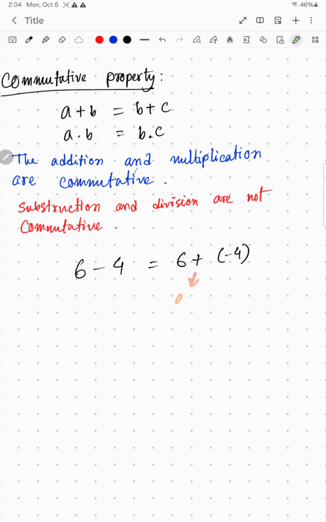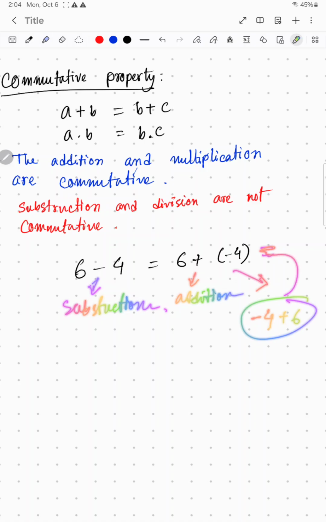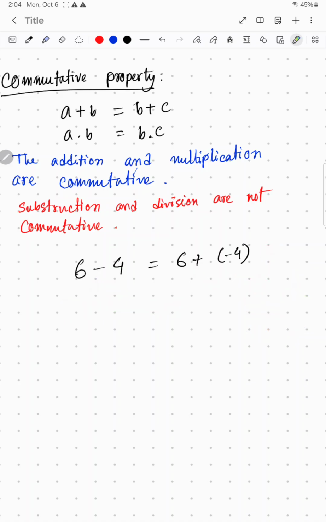So this is addition, this is commutative, this is subtraction, not commutative. So we can actually say this by subtraction. You can say negative 4 plus 6. These are the same thing. Okay, but 4 minus 6. So let's go back and delete this. So that's the commutative property for addition and multiplication.